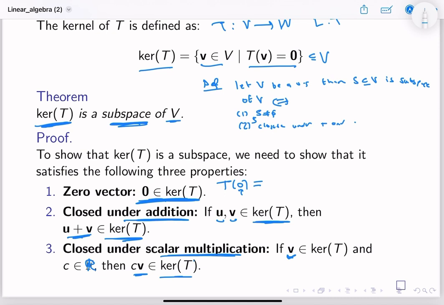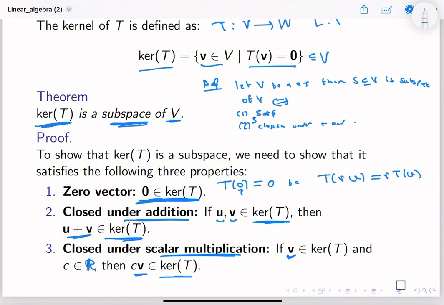This is something that I've shown you in the previous video. We know that T of 0 is equal to 0 because we know that T of rv is equal to r T of v, and this happens for any v and any real number r.